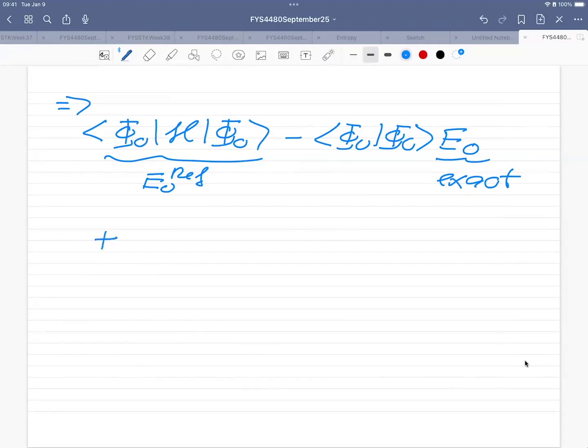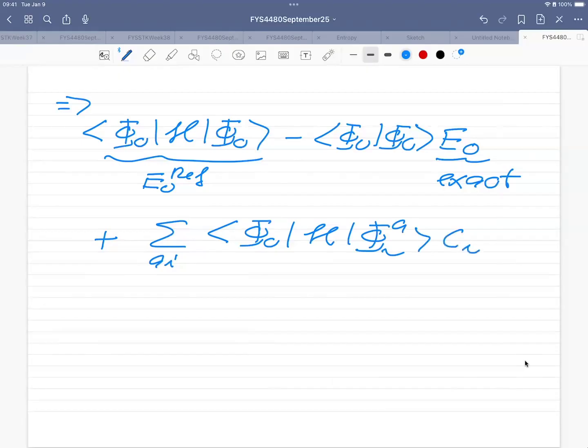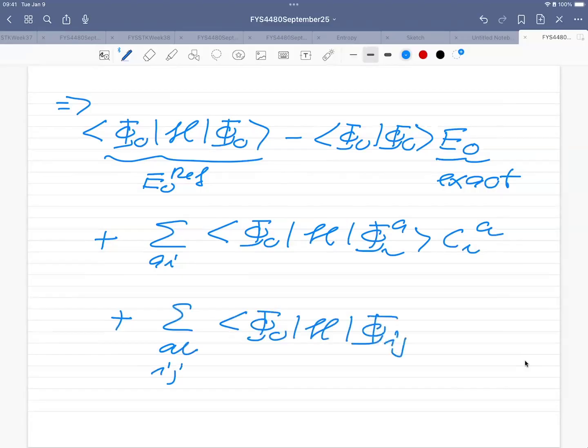We don't know that one. But then it contains a new term where we have AI, and then we have the phi 0 state, and we have the Hamiltonian now, and phi AIA of CIA plus an ABIJ phi 0 of H, and this has to be equal to 0.